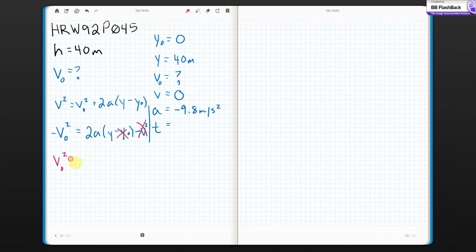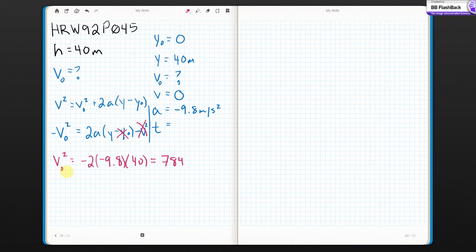So V naught squared is negative 2 times negative 9.8 times y, which is 40. Leaving the units out just because I like to be annoying. Put that into a calculator, and I get 784.